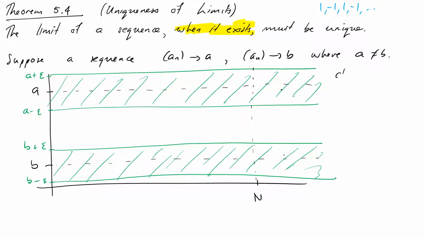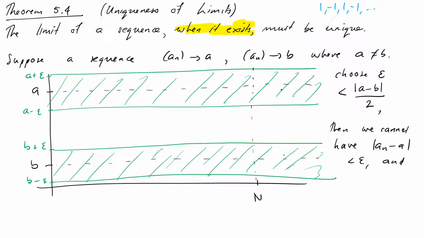So I will choose epsilon such that these things don't overlap, which for us means it's going to be smaller than half the distance between A and B. Then we cannot have absolute value of an minus a is less than epsilon and absolute value of an minus b is less than epsilon simultaneously.